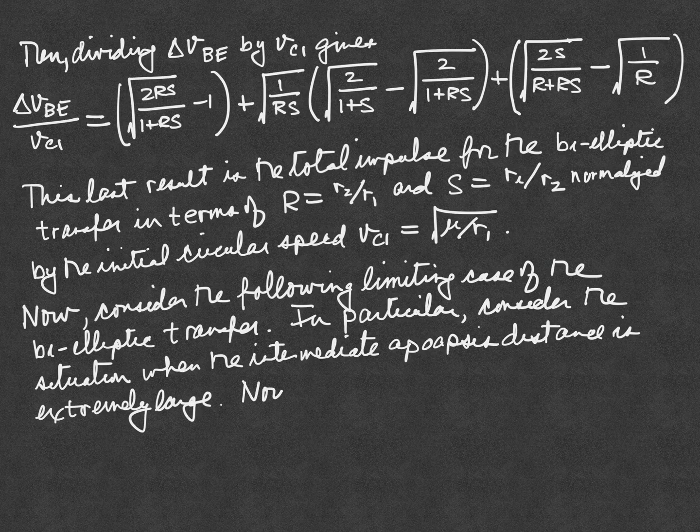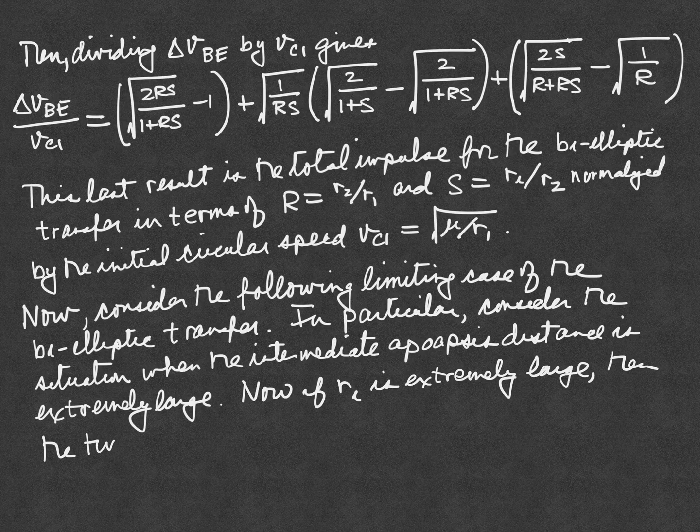Now, if Ri is extremely large, then the two elliptic transfer orbits become parabolas.